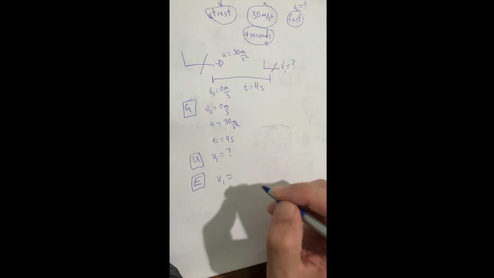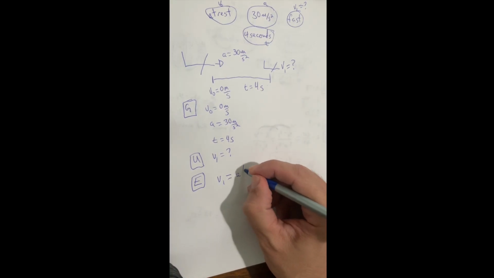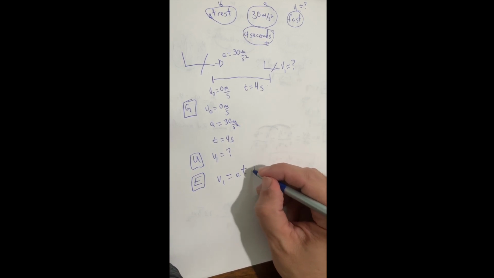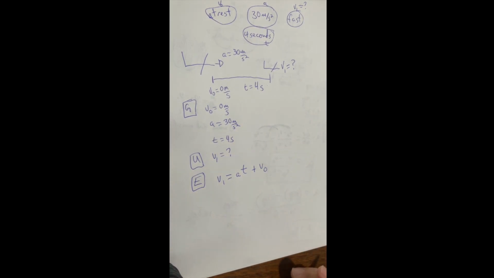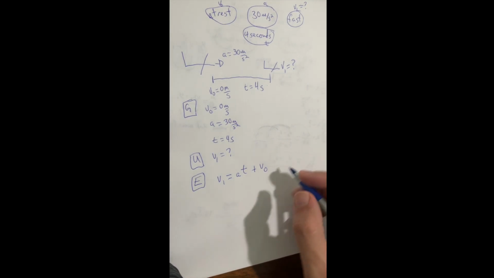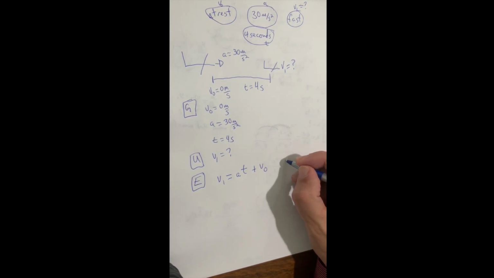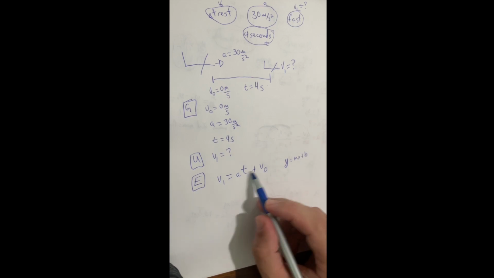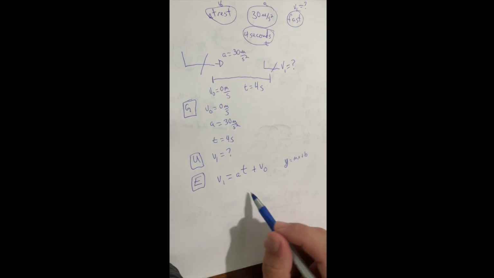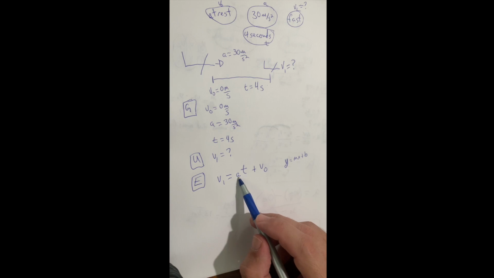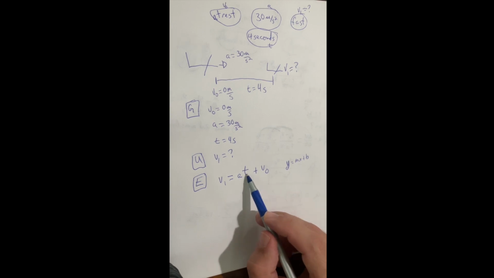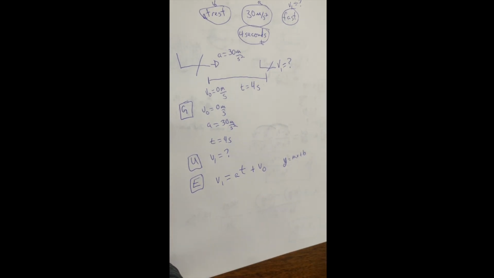Just FYI, this is exactly the same equation as y equals mx plus b. If you were to graph this, V0 would be the y-intercept, A would be the slope of the velocity graph, and T would be the x-axis.